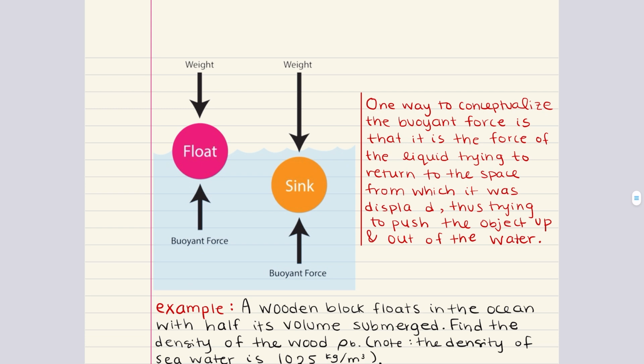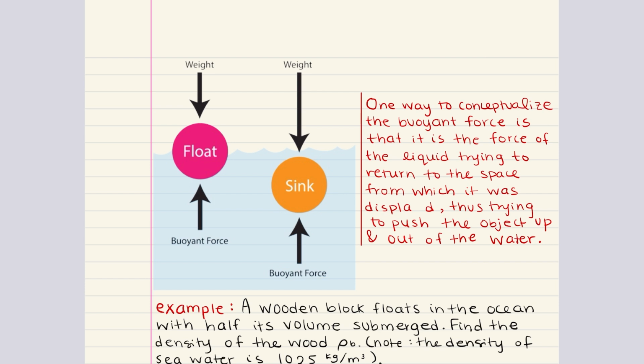Now we want to ask a really important question. How can we determine how much of a floating object lies below the surface? Whether an object floats or sinks depends on the relationship between its density and the density of the fluid. If the object's density is less than that of the fluid, it will float.